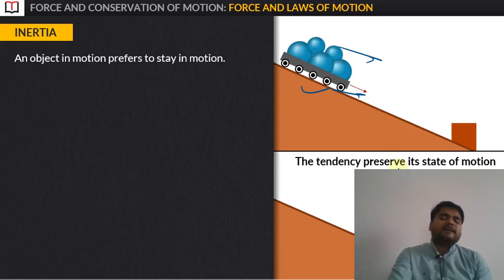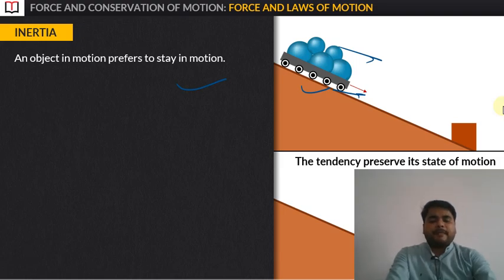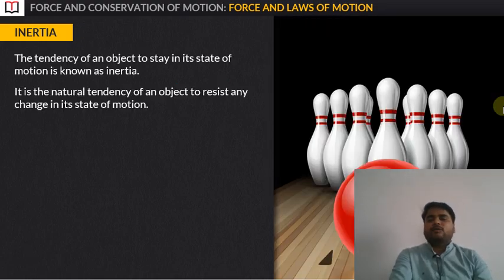Suddenly, either it damages the wall, or some part of the ball will get jumped from this. This is happening because of inertia. Now the tendency of the object to stay in a state of motion is known as inertia. It is the natural tendency of the object to resist any change in its state of motion.